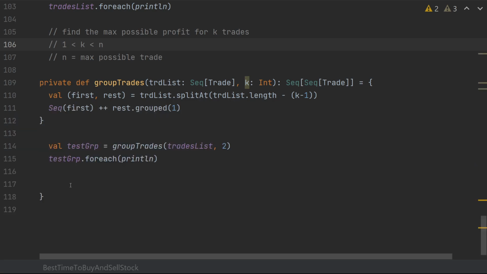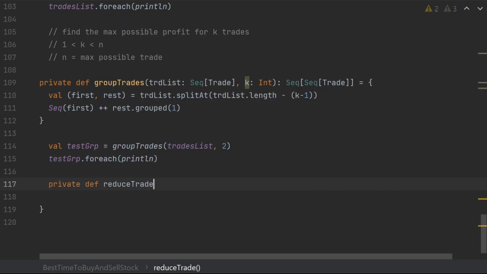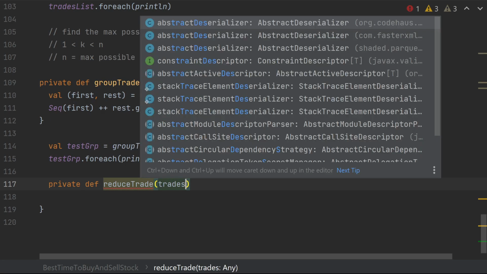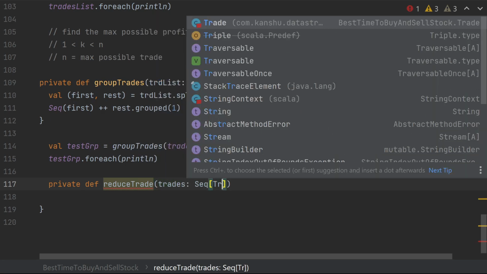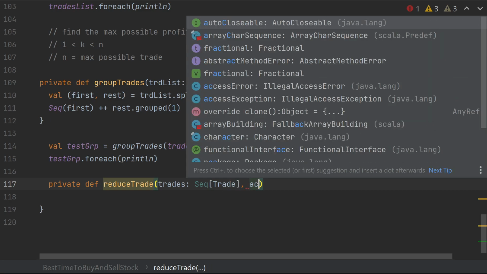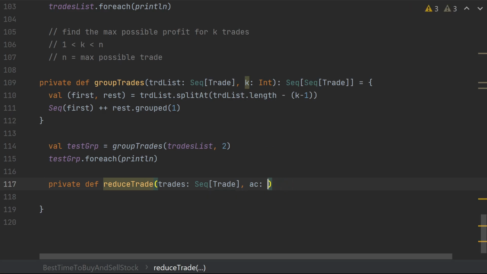Alright, so let's implement the reduce method. So it is going to be private def reduceTrade, which will reduce the trades, which will be a sequence of trade. Alright, so it will have one accumulated value, which is basically the reduced trade, which will initially have no trade, or an empty trade.